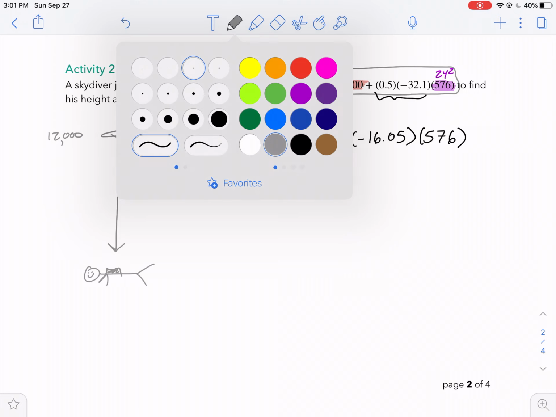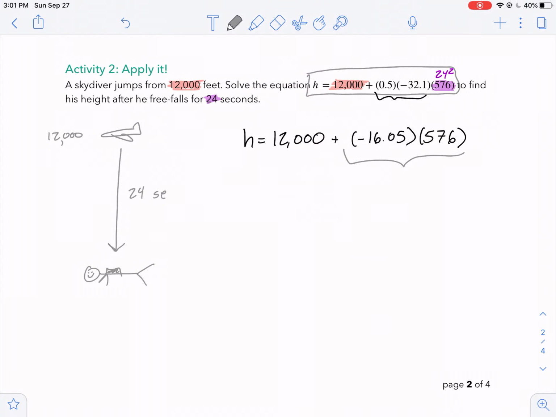Our next step, because we're following PEMDAS, is to do this next multiplication again, which gives us 12,000 plus a negative 9244.8, which comes out to 2,755.2. There you go. Oh, feet. This is in feet.